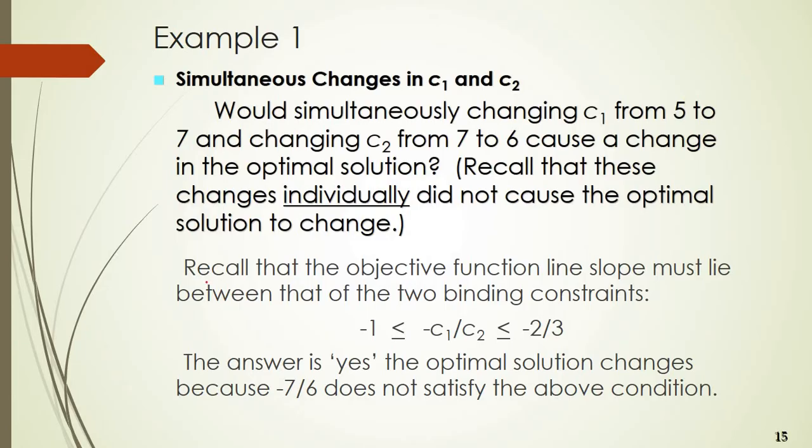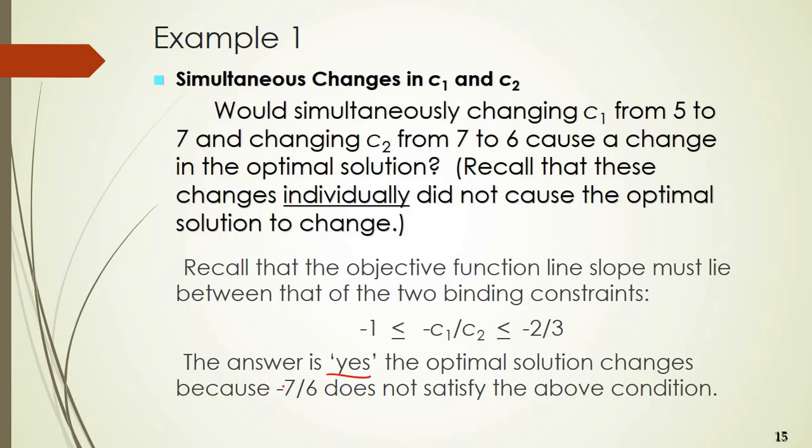So let's recall that the objective function line slope must lie between that of the two binding constraints, which is -1 less than or equal to the slope of our objective function, which is negative c sub 1 all over c sub 2, which must also be less than or equal to negative 2 over 3. And the answer is yes. The optimal solution changes.